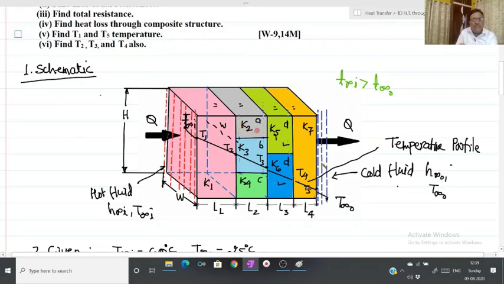The area of this slab A will be this height A into this width W. Similarly, the area normal to heat transfer for material B will be this height B into this width W, and similarly for material C, the area normal to heat flow will be this height C into this width W. So for each slab, the area normal to heat transfer will be different according to their height and width.